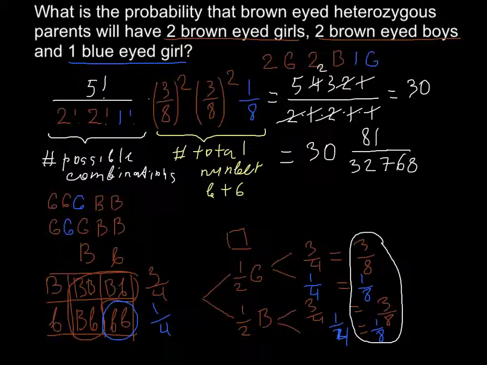And of course we multiply these two numbers, 30 and 81, and we are going to get on the top here 2430 divided by the same number as in the previous step, 32,768.